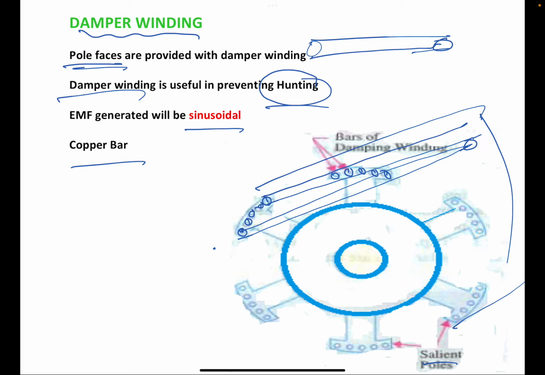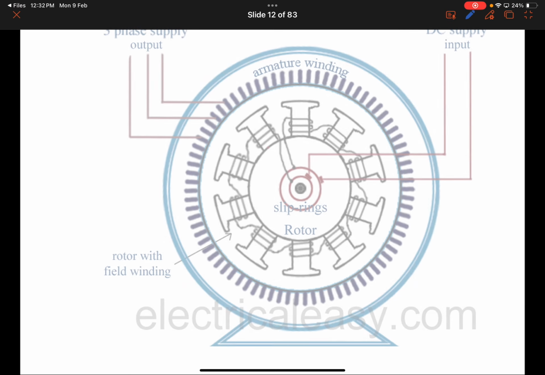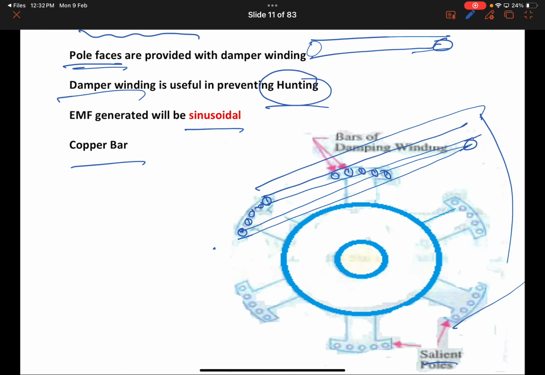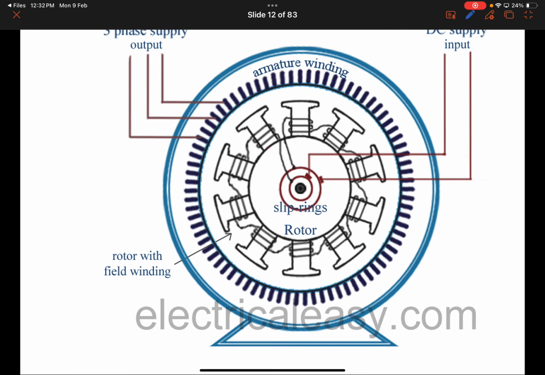Sinusoidal EMF generation, flux waveform. Okay, this is the approximate diagram. You can see that DC supply is connected here for the rotor.